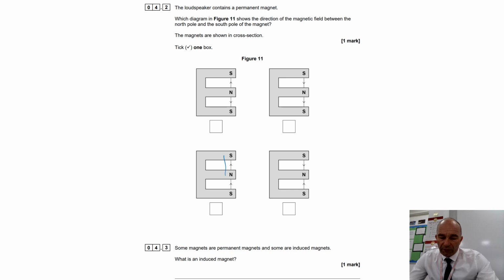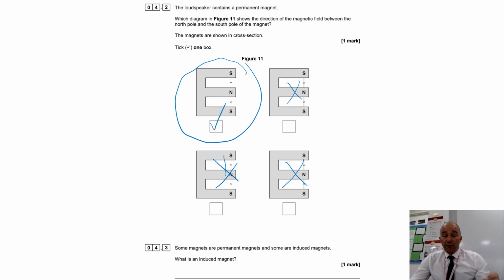That does go north to south, but the bottom bit is obviously incorrect. Here we've got the magnetic field going from south to north, so that's clearly wrong. And again, this one is clearly wrong because the magnetic field is going south to north. So the only possible option is that first box where we've got a magnetic field travelling north to south.